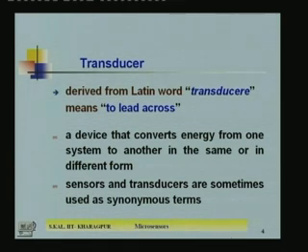That we do not call a sensor. For example, an amplifier is a device whose input signal is an electrical signal and whose output signal is also an electrical signal. So the same form of energy is obtained at the output, but with a different magnitude. That amplifier is not called a sensor, but on the other hand a microphone is called a sensor, because there the input energy is sound or acoustic energy and the output energy is electrical energy.